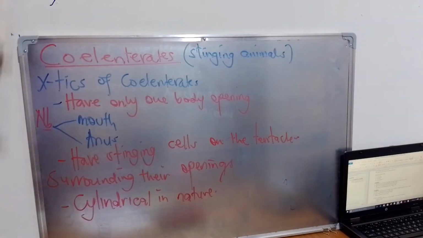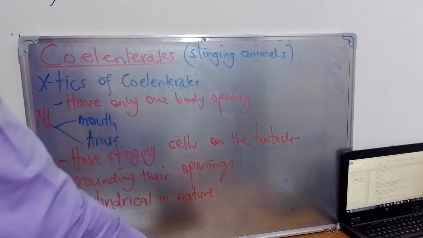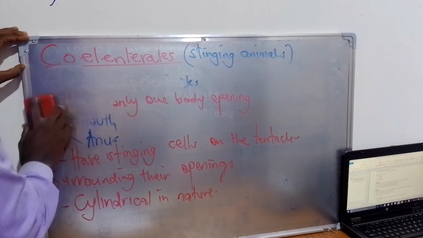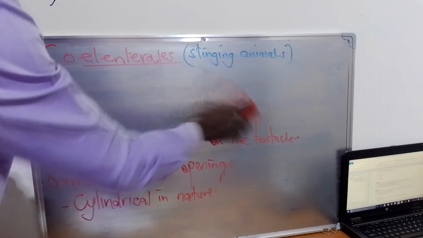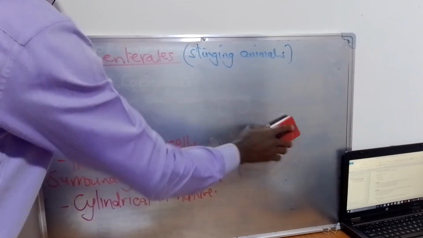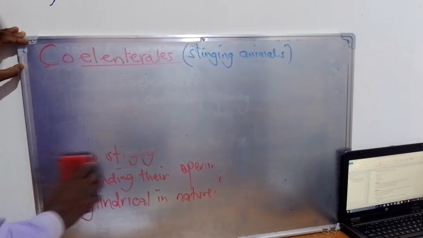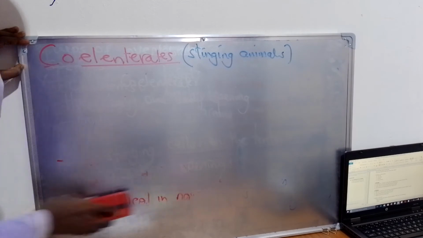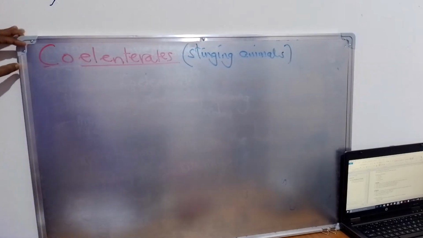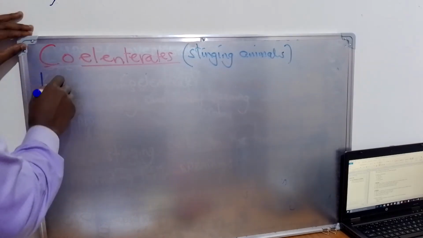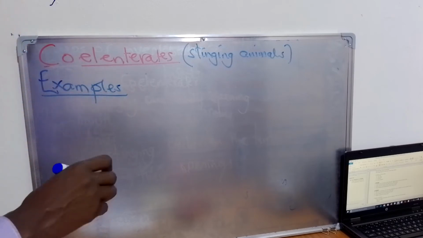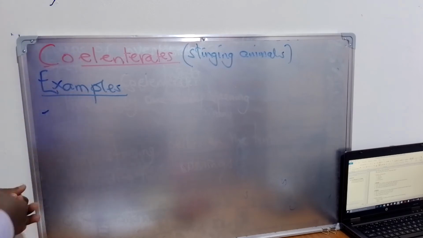Let's have examples of coelenterates. They include what we call hydra fish.